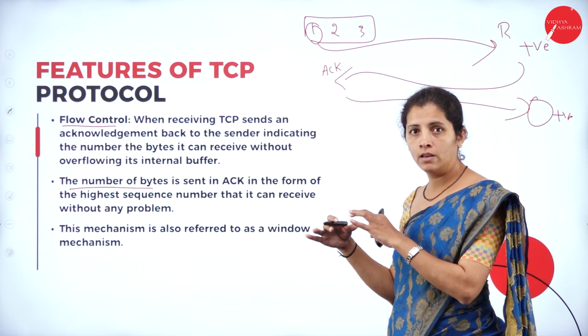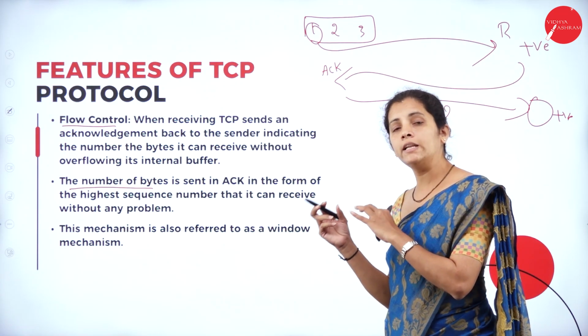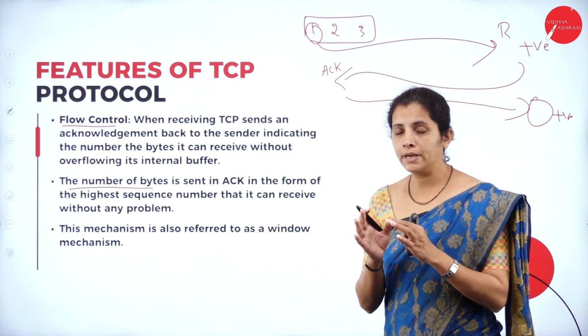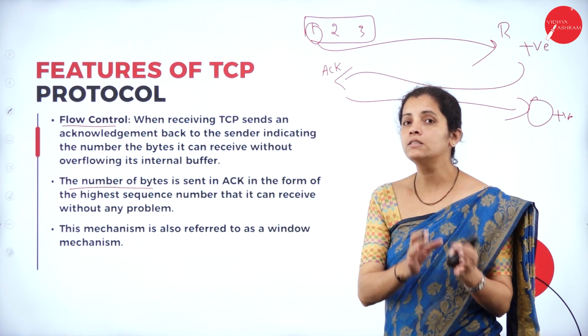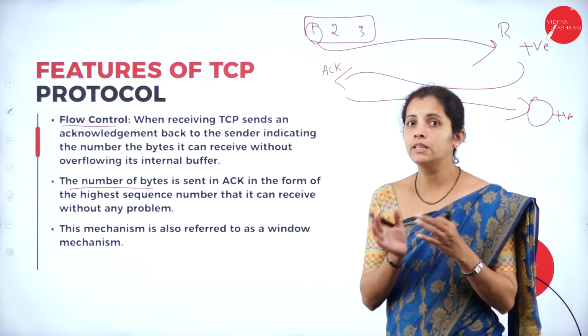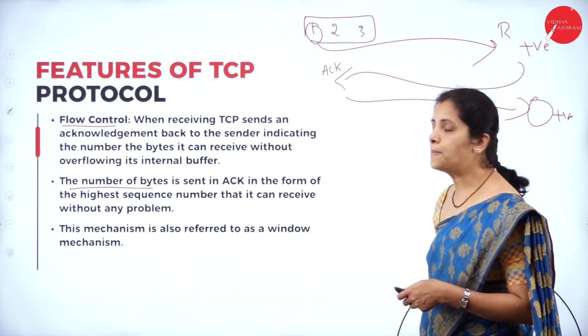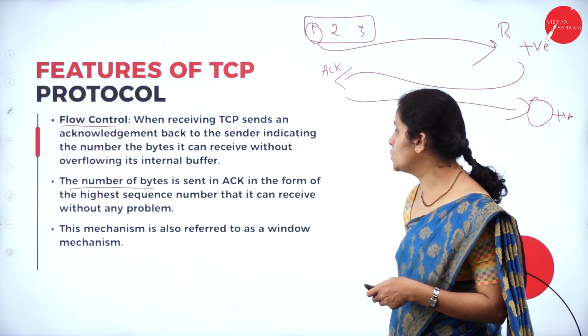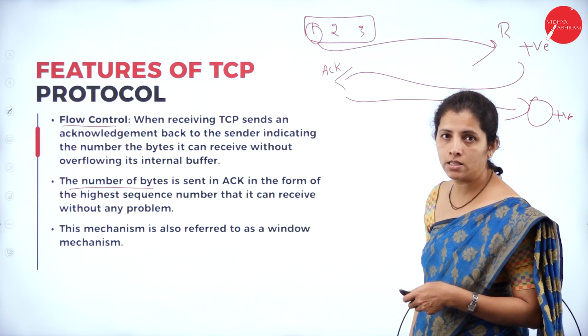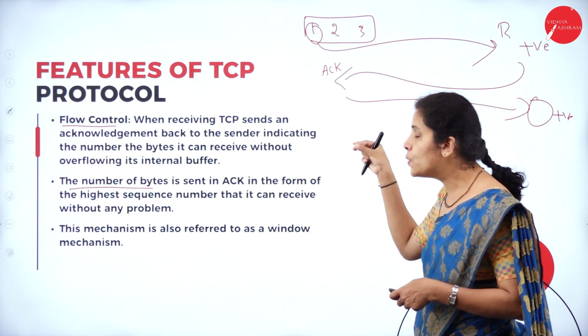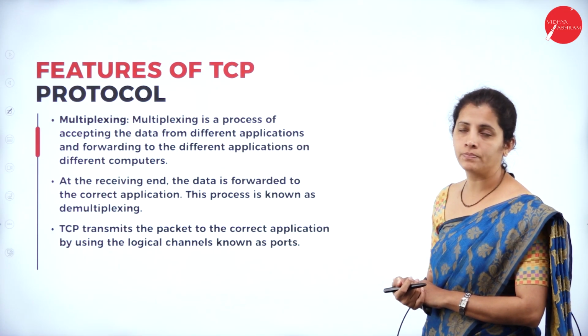After storing, the receiver is going to send the positive acknowledgement indicating that they are expecting the next byte, that is the next segment. So which is the next segment? That is the second segment. So this mechanism is also known as the window mechanism.